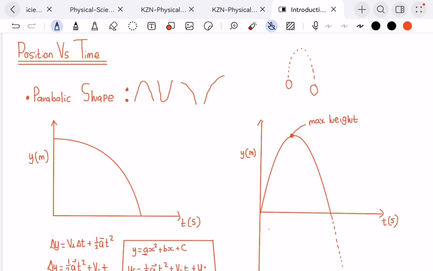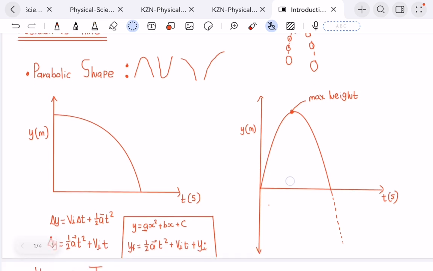So this graph really tells us about the position of this ball at any time. It tells us that at this particular time our ball is at this height or at this location. So they basically tell us where our object is at a certain time.